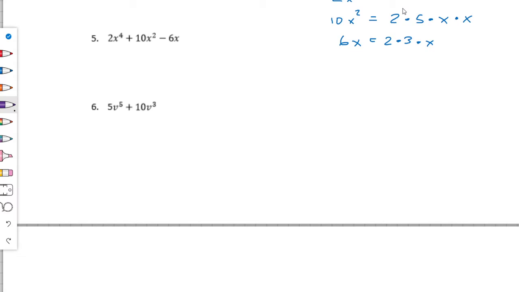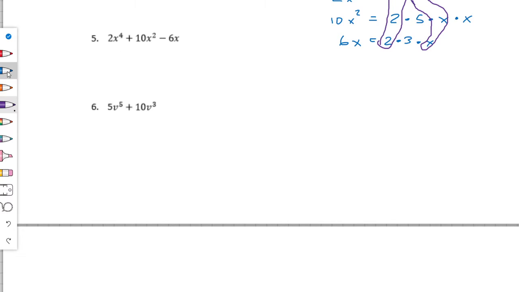So we have 2, 2, 2. We don't have a 5 in all of them. We don't have a 3, so none of that. But we do have x's in all of them. So I'm going to circle those x's.